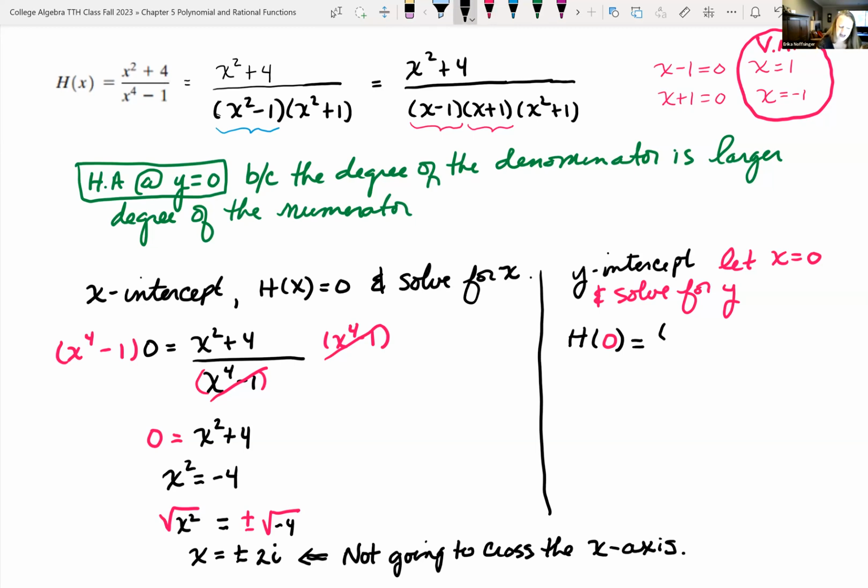And so we have x squared, so 0 squared, plus 4, all over, I have x to the 4th, so it's going to be 0 raised to the 4th minus 1. Simplifying this, we get 4 over -1, which is -4. So we have a y-intercept: when x is 0, y is -4.